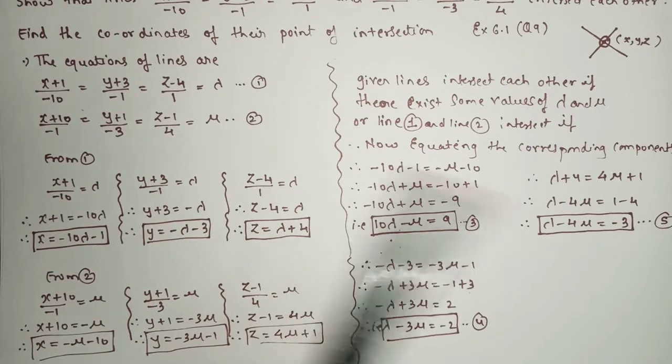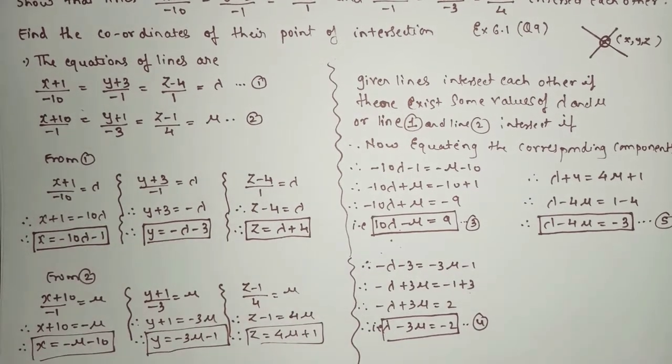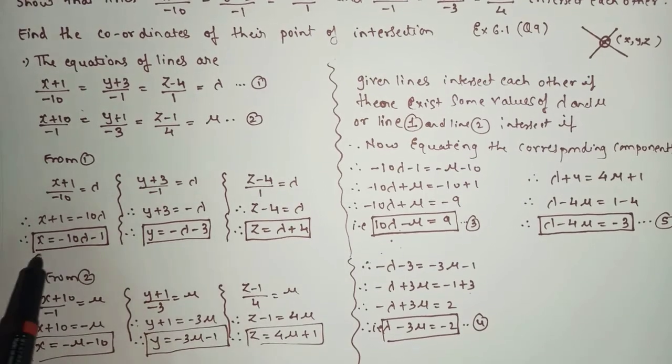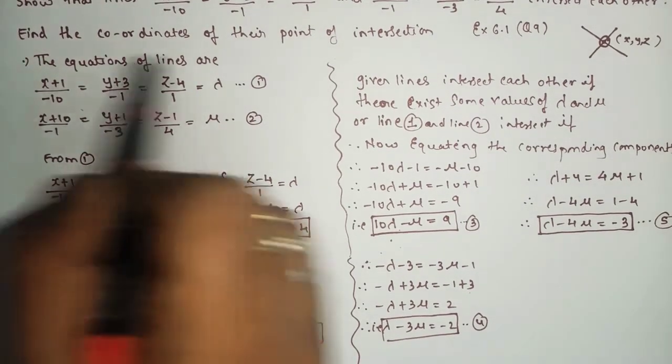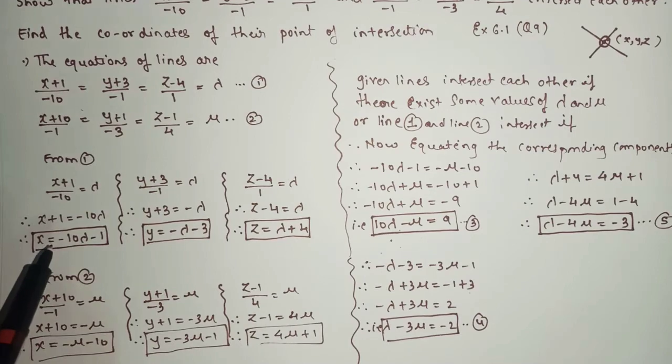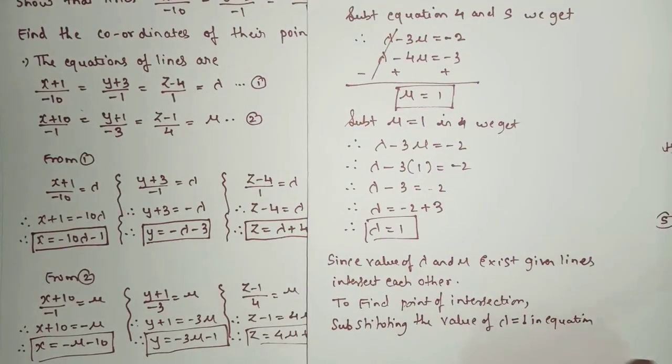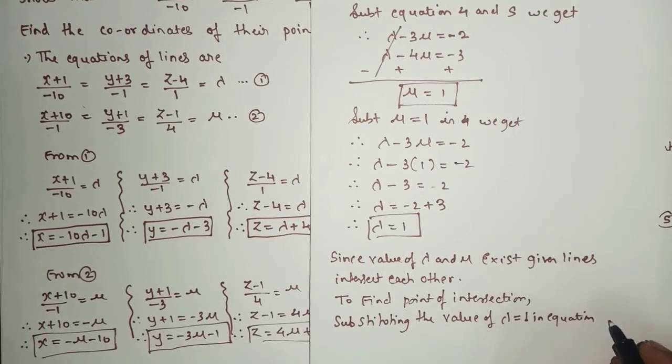Yes or no? The x, y, z we got is from equation number 1 only, no? So directly we can substitute the value of lambda here. So we wrote substituting the value of lambda in equation number 1.